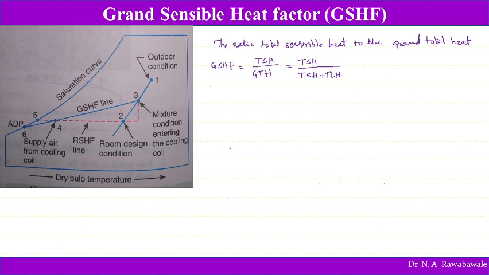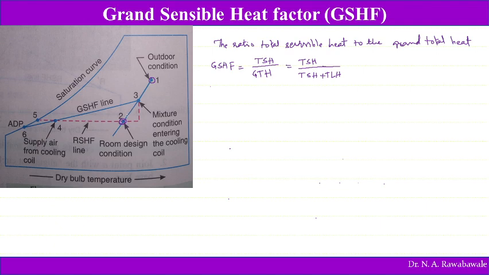Looking at this diagram, we can find the outdoor conditions marked at point 1. Outdoor condition means outside the air conditioned space, and the room is designed for air conditioning at point 2. Say, for example, certain properties are available for the outside air, and in this room we need the condition at point 2.